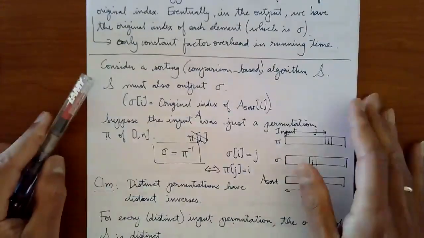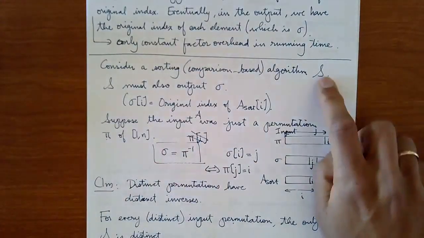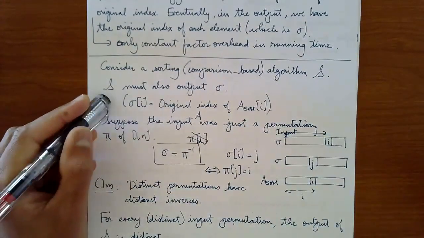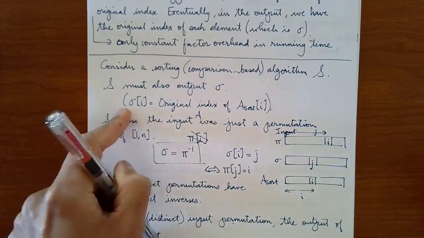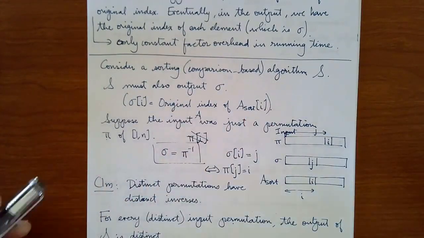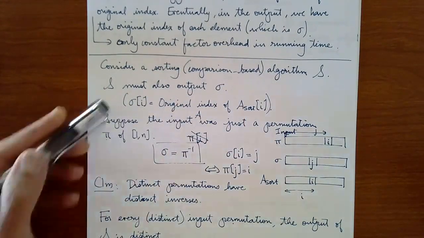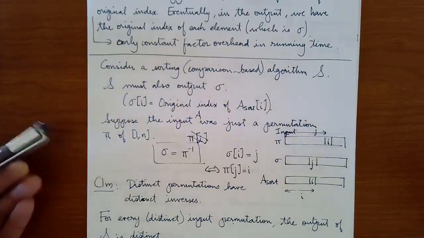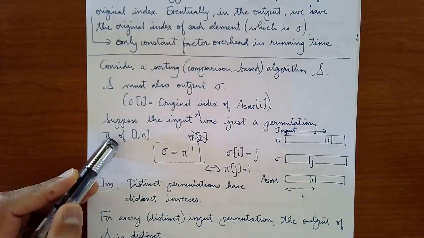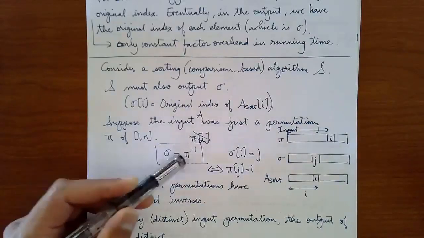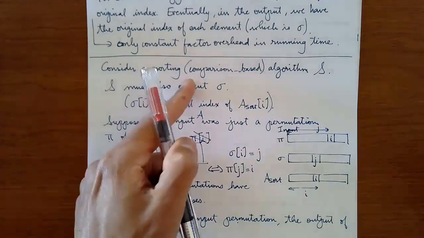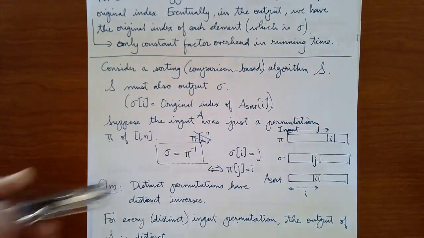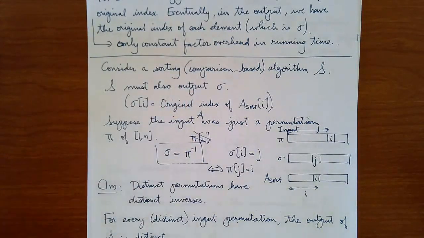So if we consider a comparison-based sorting algorithm, script S, we can imagine that S should also output sigma, the permutation, where sigma of i is the original index of A sorted of i. Now, if the input was itself a permutation, then sigma is really just the inverse of that permutation. Which means that you want a comparison-based algorithm that inverts permutations, that given a permutation outputs the inverse.